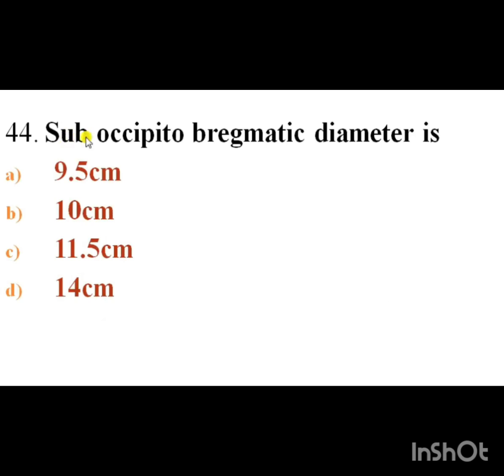Next question, suboccipitobregmatic diameter is. Options A, 9.5 cm, B, 10 cm, C, 11.5 cm, D, 14 cm. Answer is A, 9.5 cm.